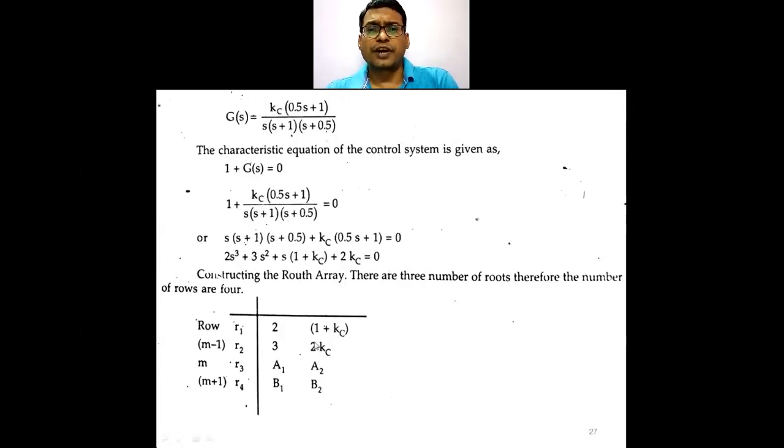After simplification of the transfer function, you will get 2s squared plus 3s squared plus s into bracket 1 plus kc plus 2kc equal to 0. Such a characteristic equation you will get after simplification of the transfer function.